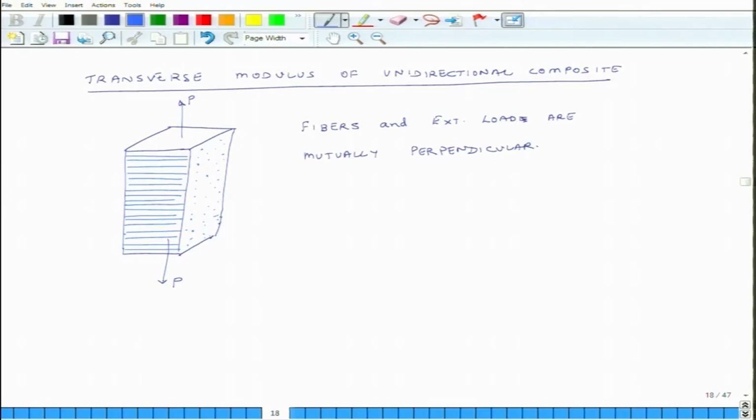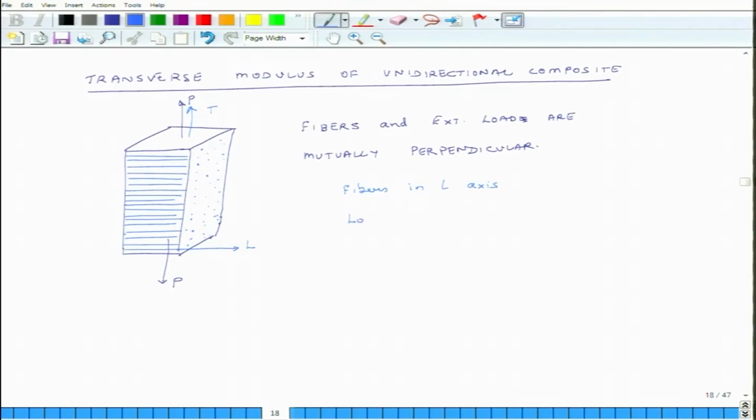So, if I have an axis system which is aligned to the direction of the fiber, then this is the L axis, and so fibers are in the L axis, and one of the directions normal to it is the T axis.